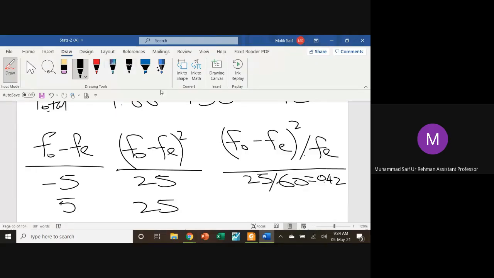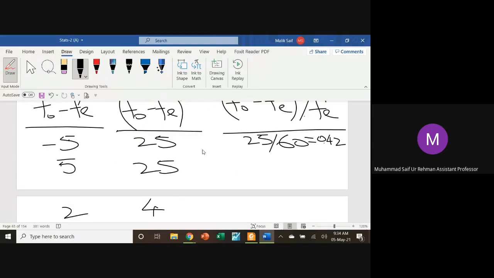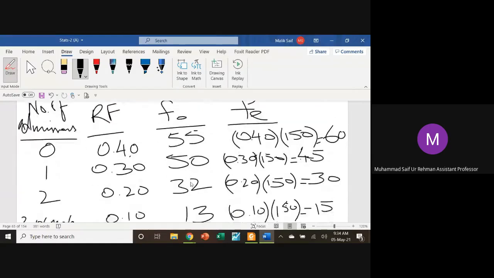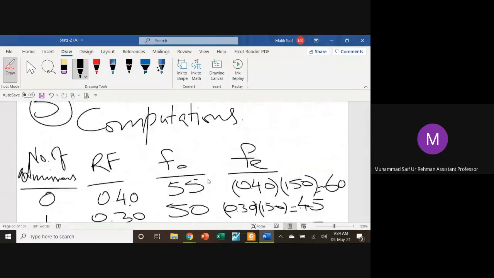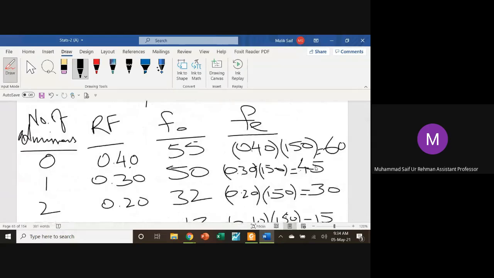Then 25 divided by FE. What is FE in this case? 50, no, sorry, this is observed. This is expected, 45.